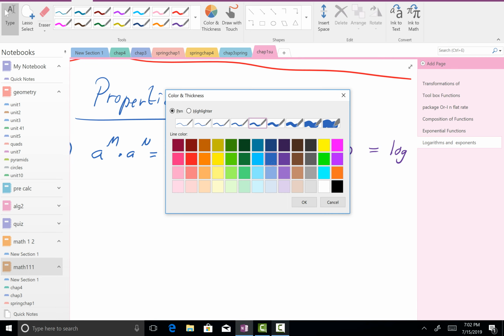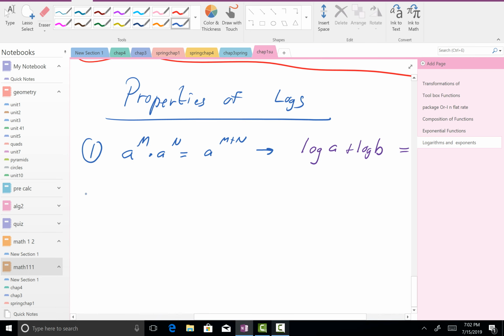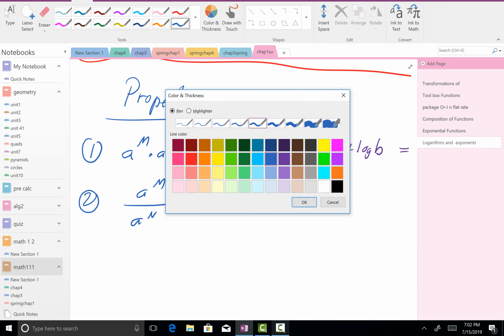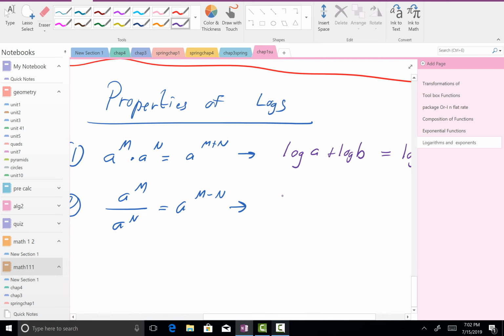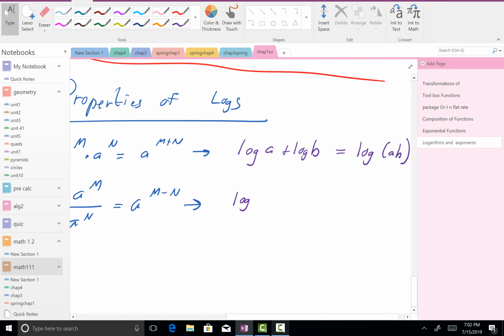So let's go back. The second one looks like this: a to the m over a to the n equals a to the m minus n. So in a logarithm, it's going to look like this. If we take the log of a over b, that's equal to the log of a minus the log of b.